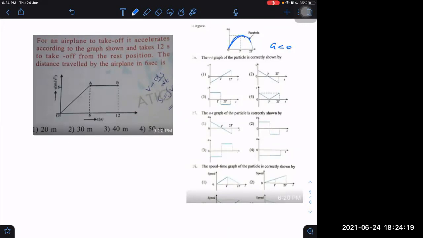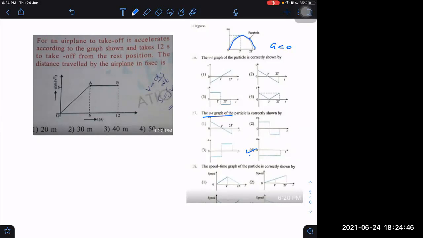A downward parabola-like graph tells us acceleration is negative. And since it is a single parabola only, it is constant acceleration also. So the acceleration graph will be constant. There is only one constant graph of acceleration, so I think it is 4 only. Remaining are all changing. Acceleration should be constant in this entire parabola.